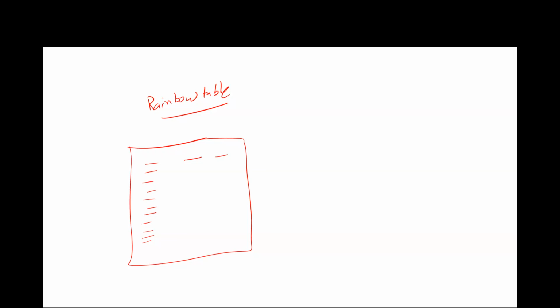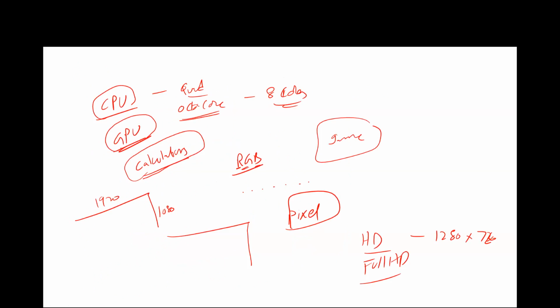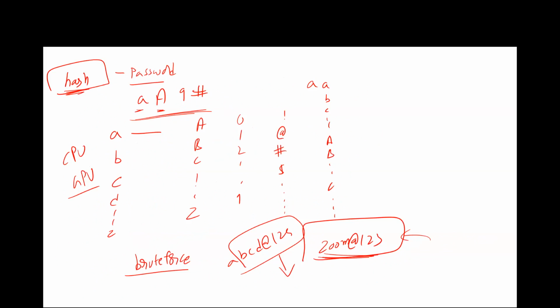So rainbow tables will solve the problem, right? Even if a hacker does not have access to a very powerful system, the hacker can still go ahead and try to crack the passwords. So today, when you speak about hackers, they're actually using these rainbow tables. They're not using the password dictionaries or the brute force technique. Okay. So is it clear, everyone? What are the different kinds of password cracking techniques, what are the disadvantages of those techniques, and what is the new technique that hackers are using now?